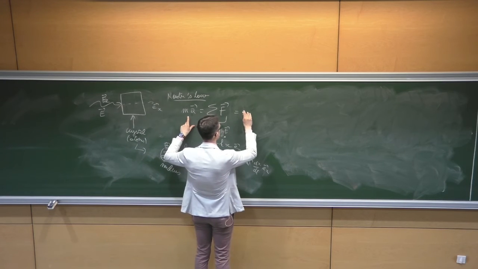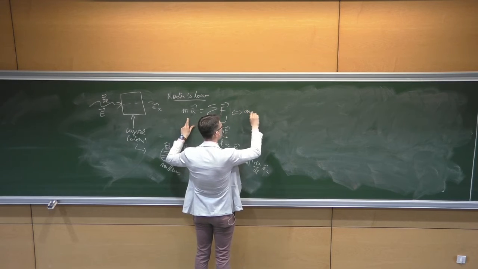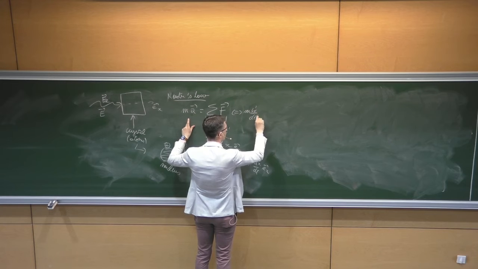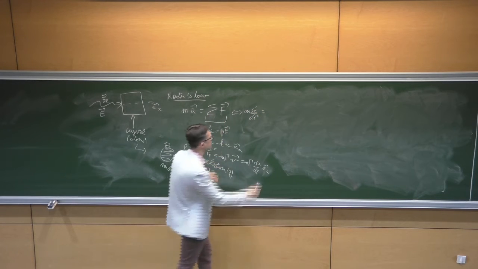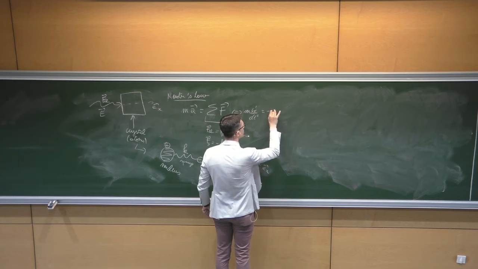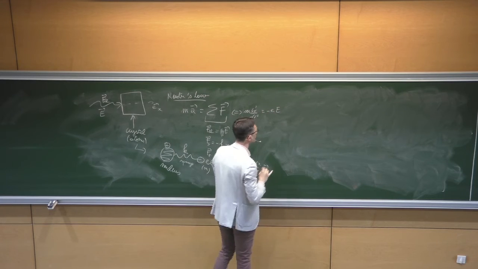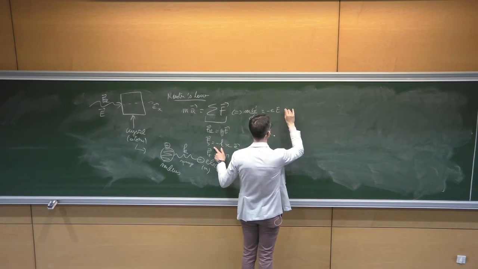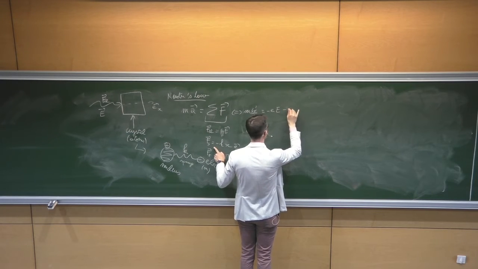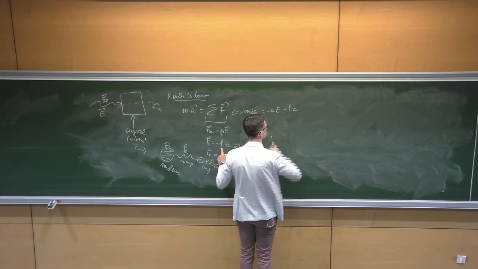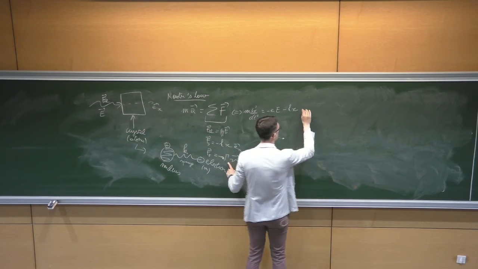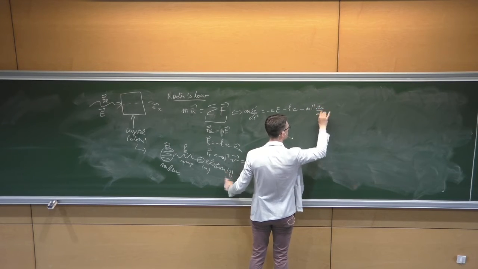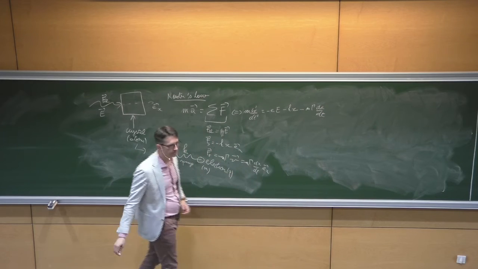So if I write this, I've got m times the second derivative of x in time equals the electrical force, which is Q times E, and the spring force, minus kx, and minus m gamma dx over dt for the viscous force.